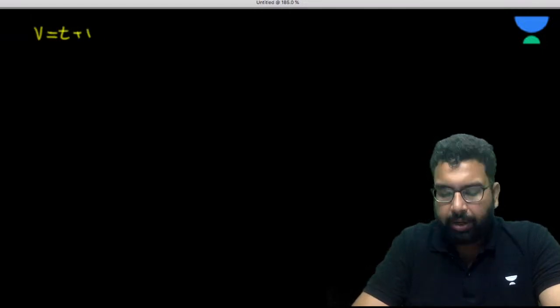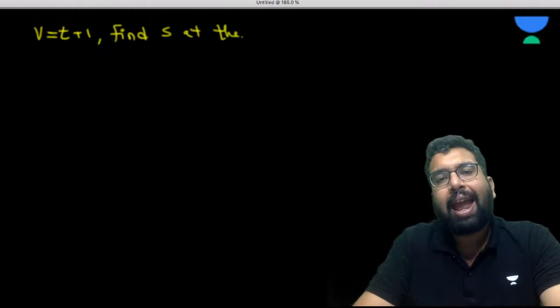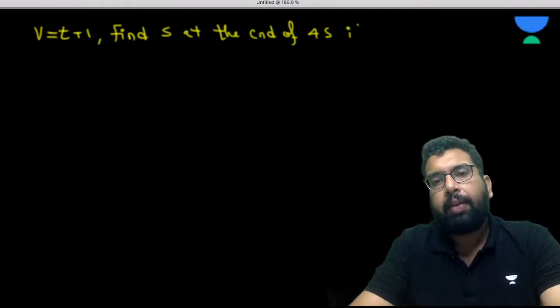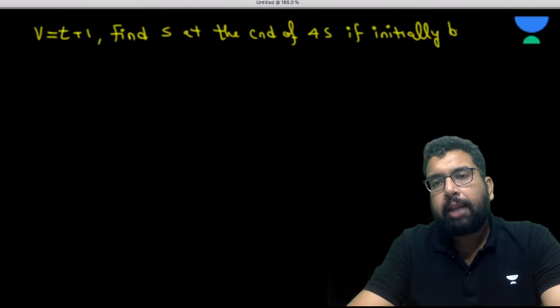Now there can be one more thing. Let's take the same function, and suppose that v is equal to t plus 1 again. We need to find s, that is the displacement, at the end of 4 seconds, if initially the body is at origin.